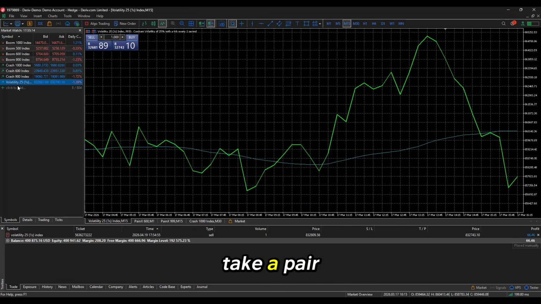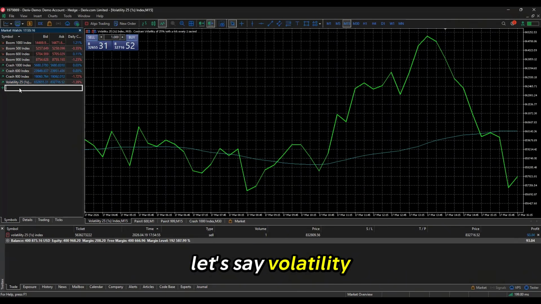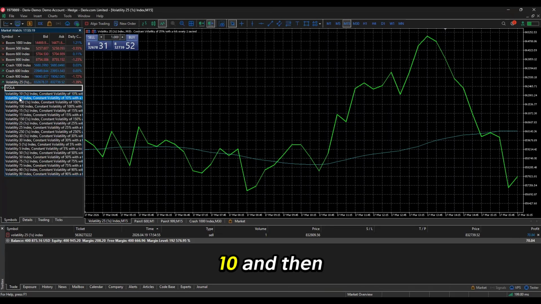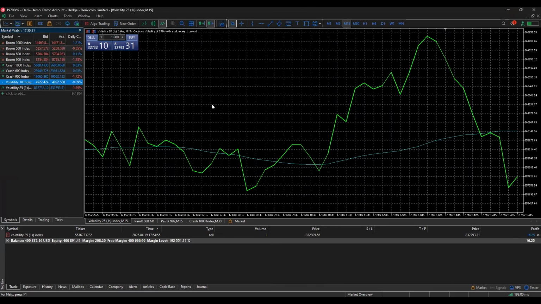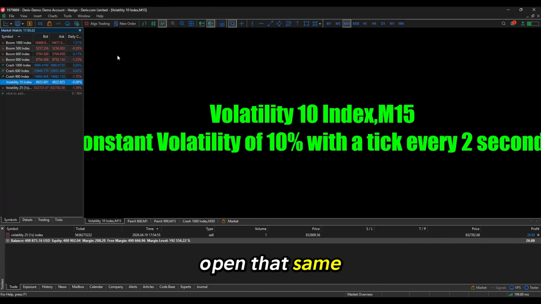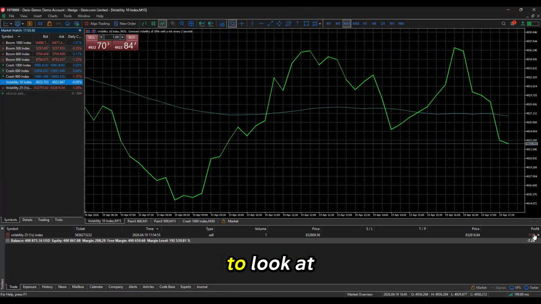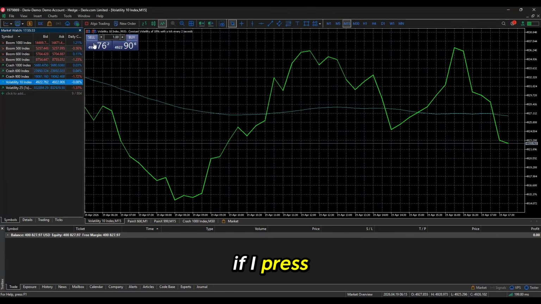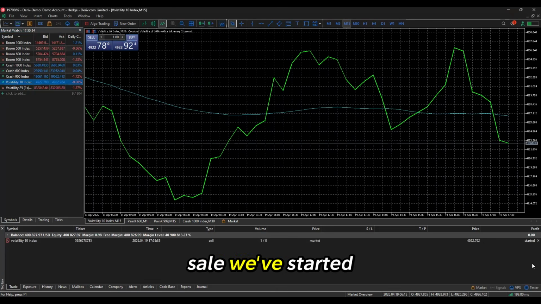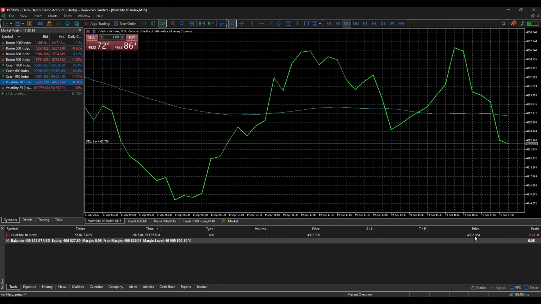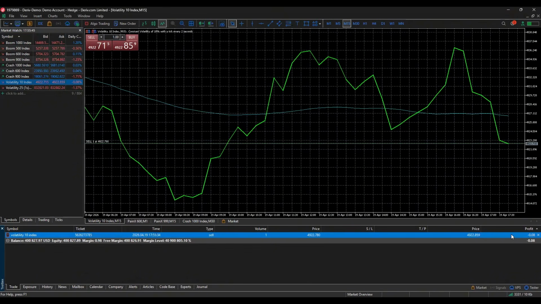But if I take a pair, let's say volatility 10, and I open that same lot size, let's let it load. I want you to look at something. If I press sell, we've started with a loss of minus 0.20 cents. Now we're still on a loss of minus 0.06 cents.